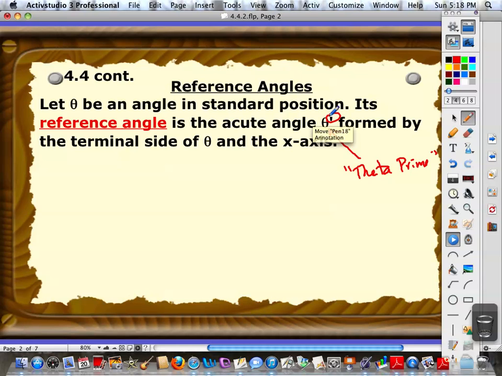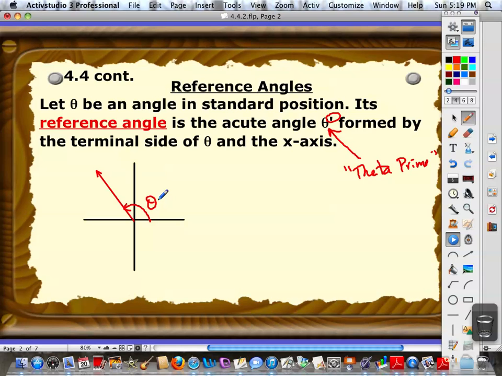So if we want to look at what's going on there, we put in our x and y axis here. And let's just draw in theta, and I'm going to put it over here. So there's our terminal side, there's some angle theta.